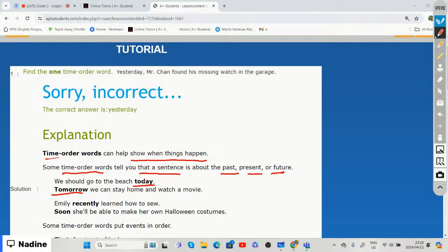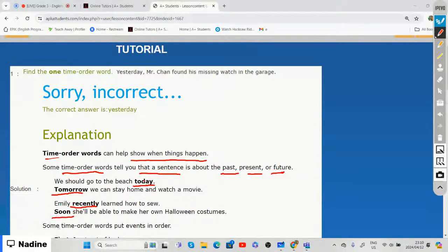Then another example: Emily recently learned how to sew. The question is, when did Emily learn how to sew? You can say, recently she learned how to sew. And then also soon. Soon is another word. She'll be able to make her own Halloween costumes.